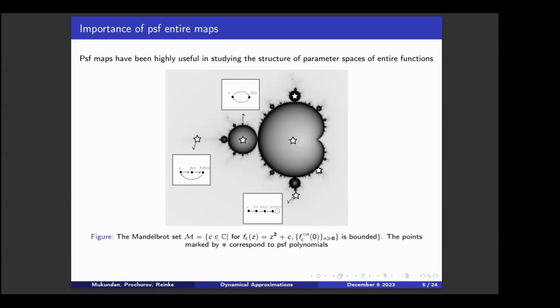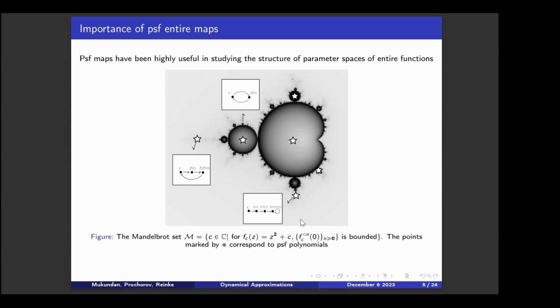So this picture is the Mandelbrot set. What is it? So you look at all the polynomials of the form z squared plus c, and what you're looking at is the c plane, and you color those c for which the orbit of 0 is bounded.